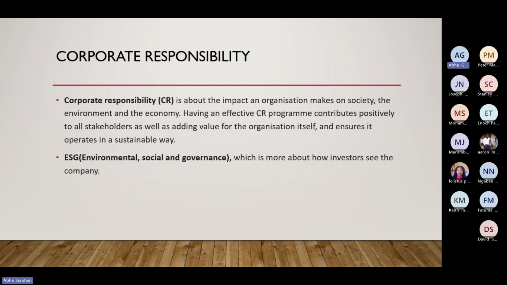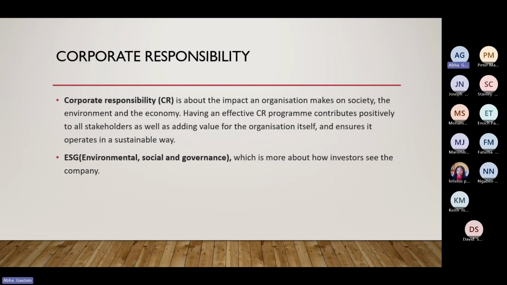These are names with which it is acknowledged. But if you call it with any name, the meaning comes out the same, which is you have to make an impact. Your organization has to make an impact on the society, on the environment, and the economy.